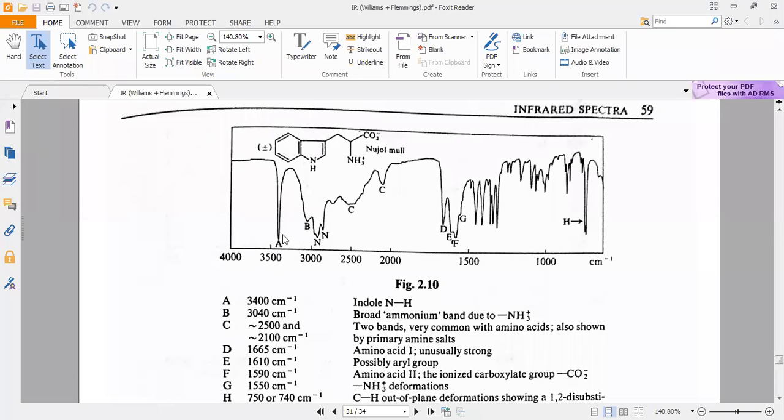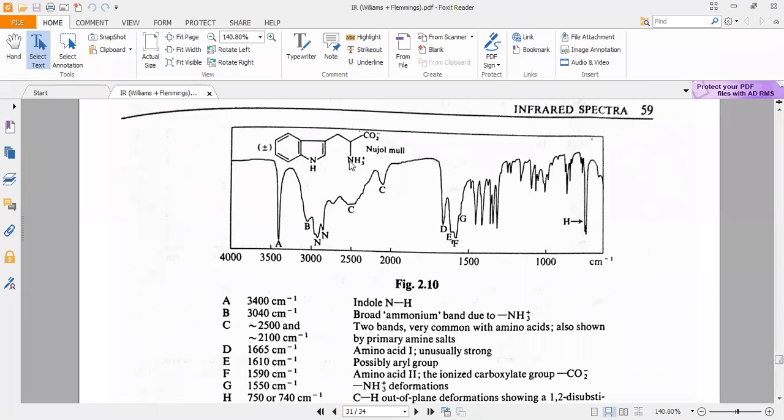This is definitely for the indolic NH, nitrogen-hydrogen. It is not making hydrogen bonds. It is just like a hydrogen-bonded one, but it is not hydrogen bonded; it is covalently bonded. So it appears around that range.